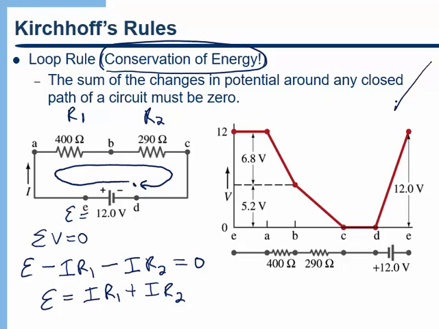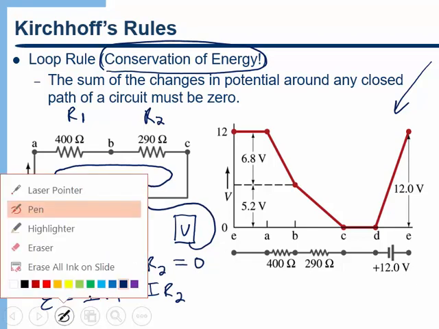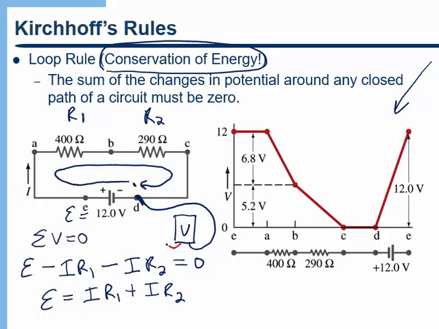I want to talk about this graph and how you would actually generate this graph. So imagine that we have our voltmeter, and we take the black probe and we just connect it at D. And then we take the positive or red probe and we just connect it to different places.